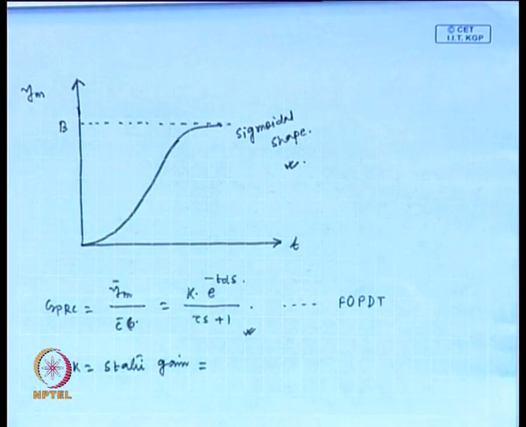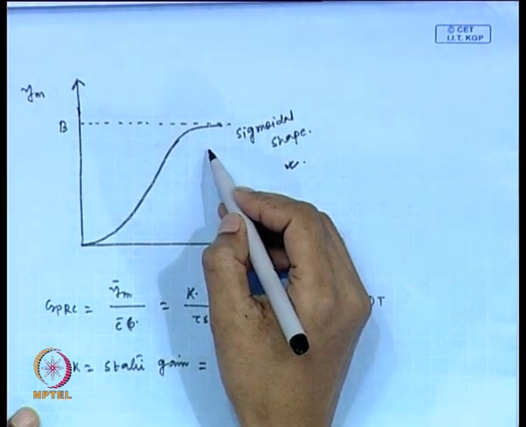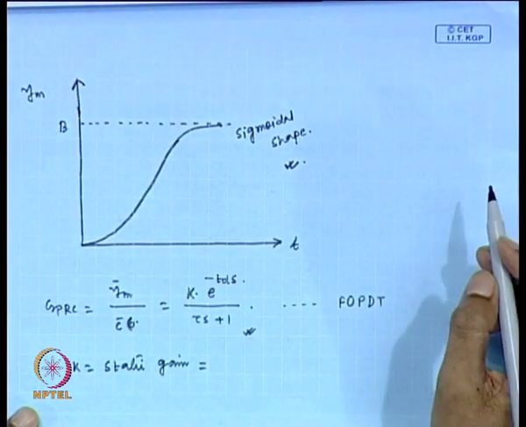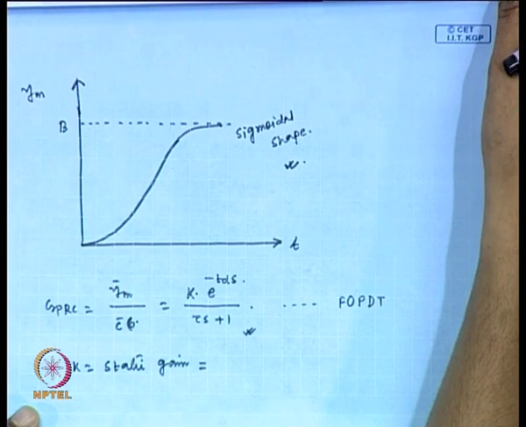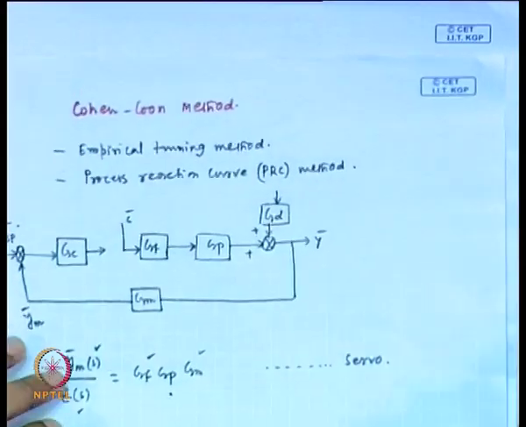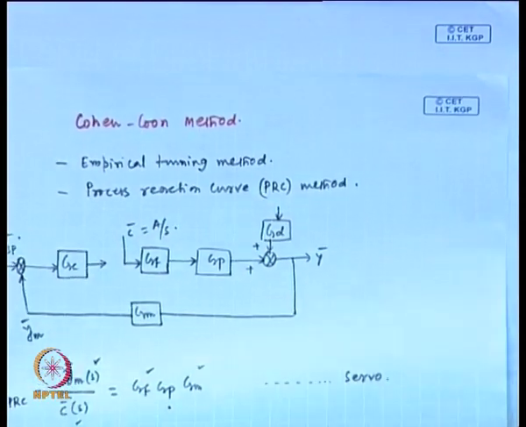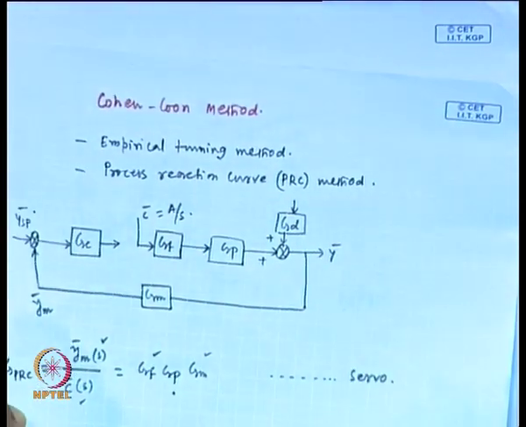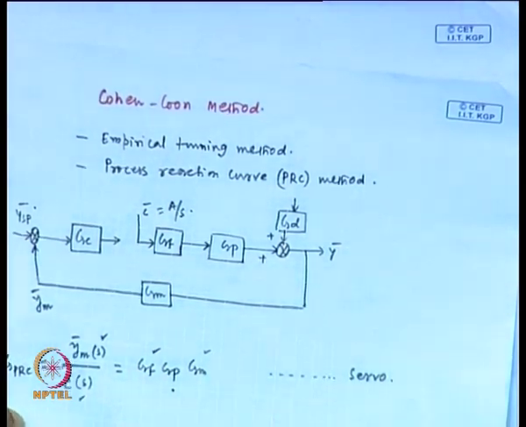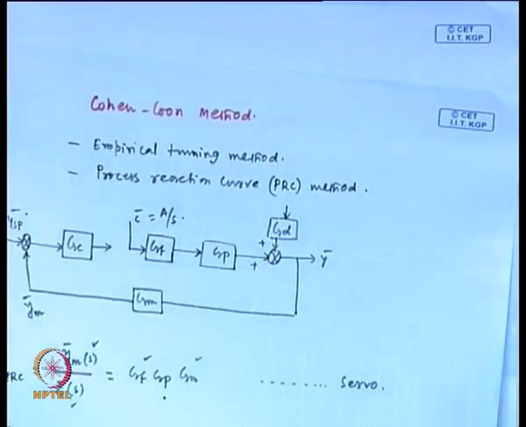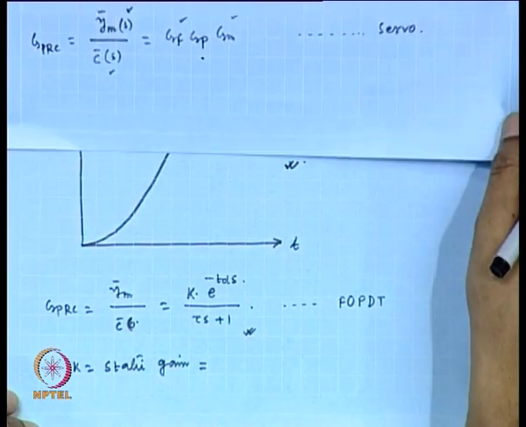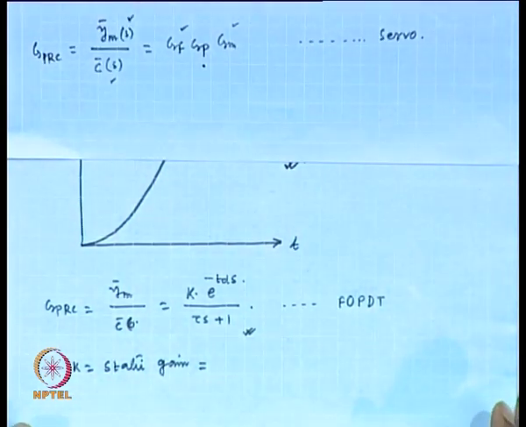So, what will be the expression for gain? For most of the chemical processes, Cohen and Coon observed this type of response when a step change is introduced in C. The sigmoidal shape is obtained when a step change with magnitude A is introduced in C. Now, can you find the expression for K?